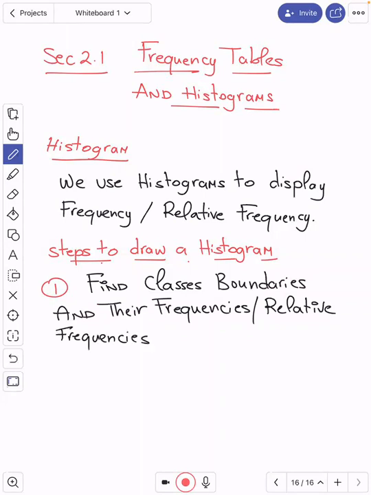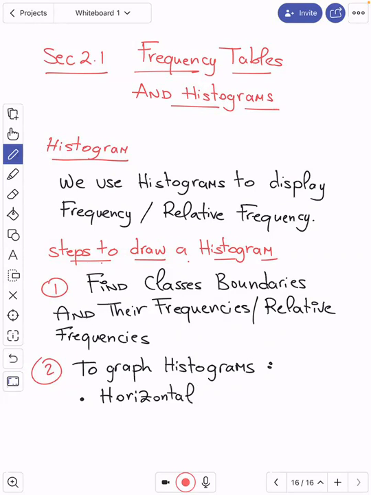Okay, and in step number 2, to graph the histogram, first there's a horizontal axis, and on the horizontal axis you're going to put the class boundaries.